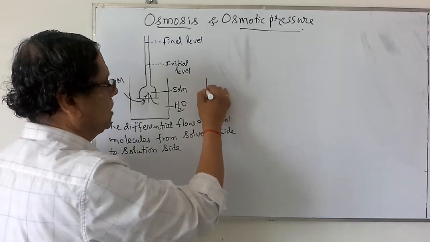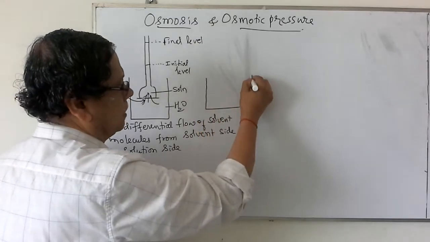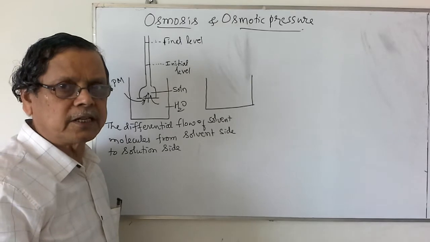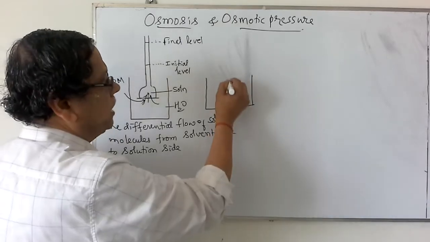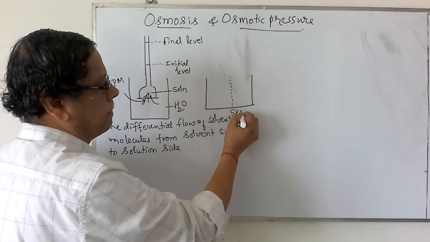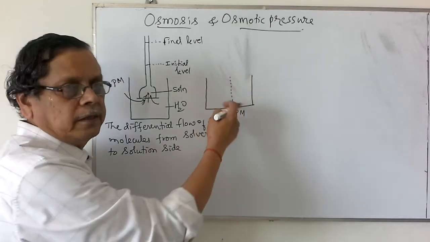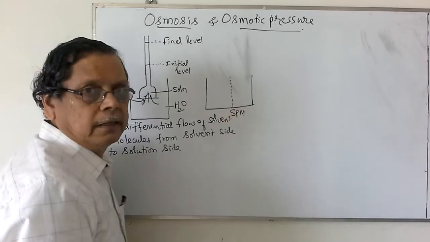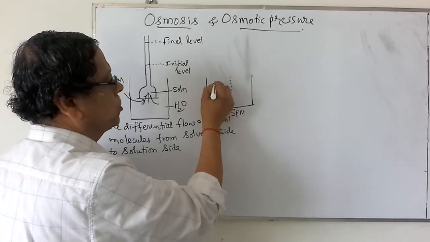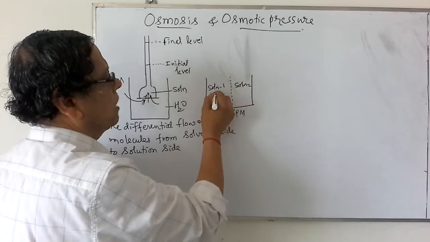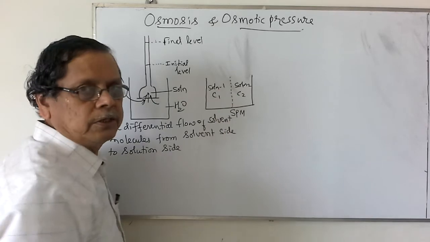Assume that I am taking this solution separated from the other solution having different concentration of the same solute. Assume that this is the semi-permeable membrane, SPM. This vessel is divided into two compartments. Now you consider that this is solution 1 and this is solution 2 with the concentration C1 and concentration C2.